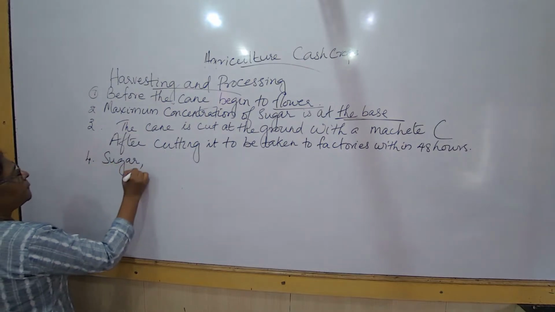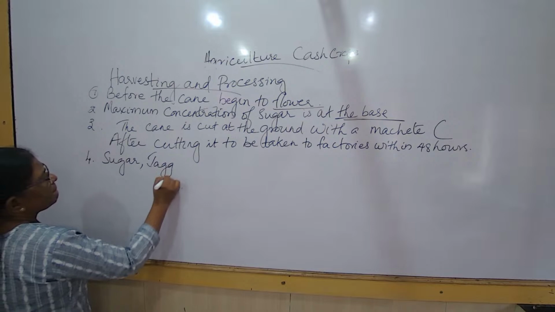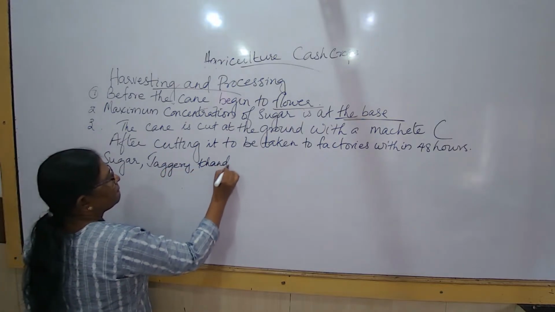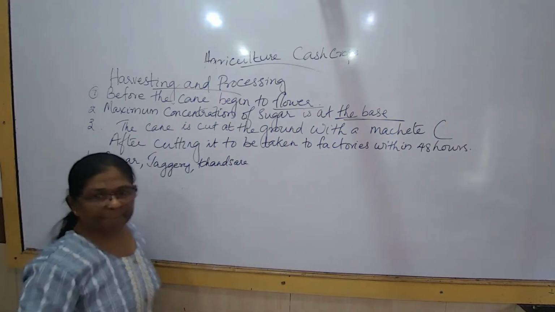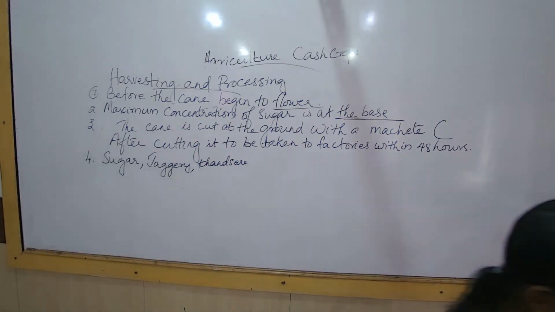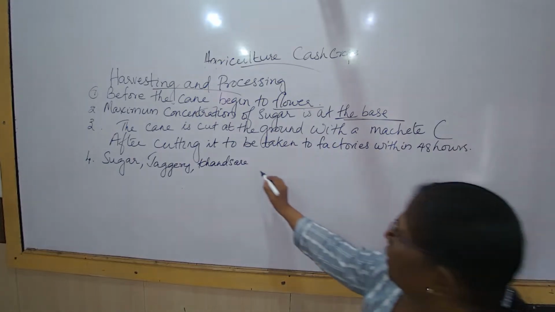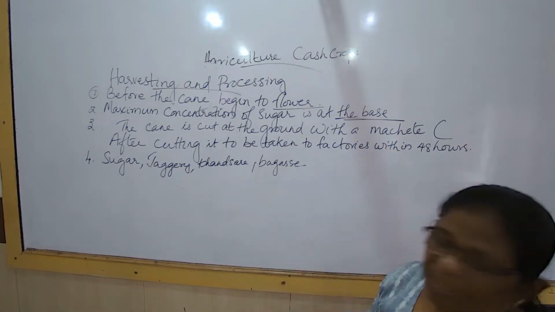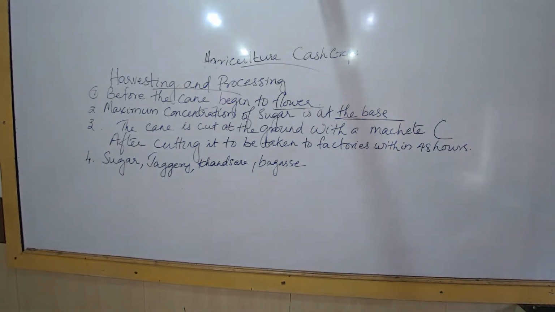Sugar, jaggery, and khansari, and then bagasse. How much sugarcane juice will one drink? Only a little will be kept for making juice. But the main materials are jaggery, sugar, and khansari.